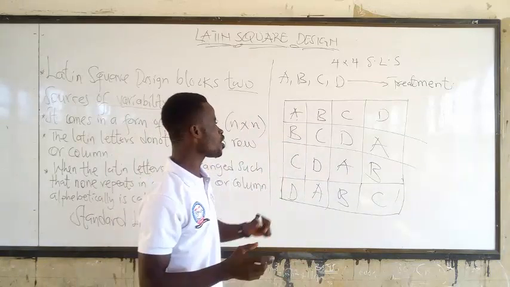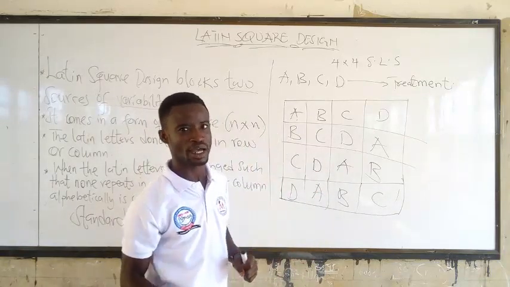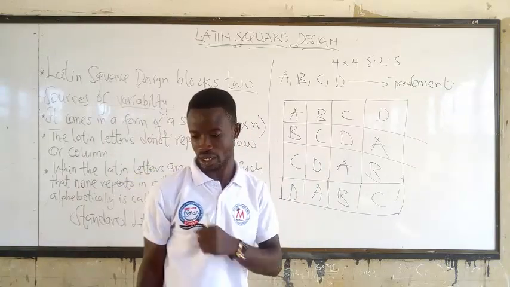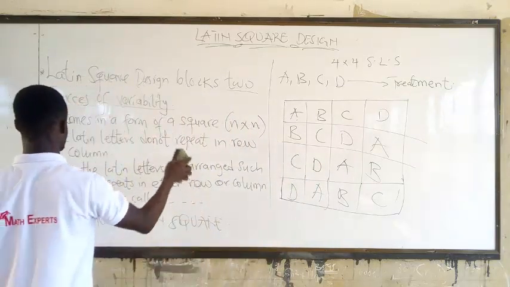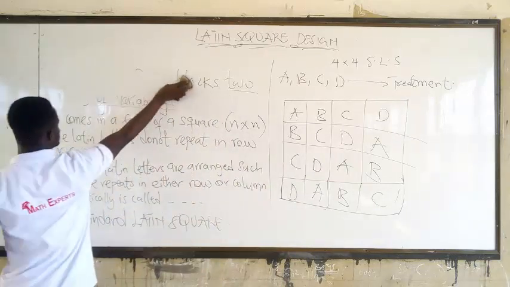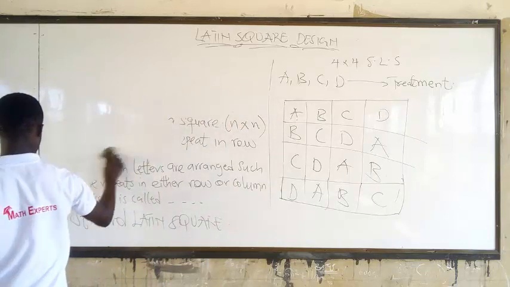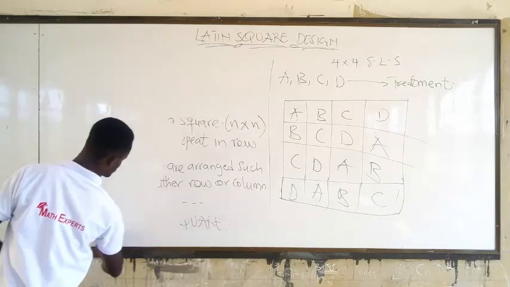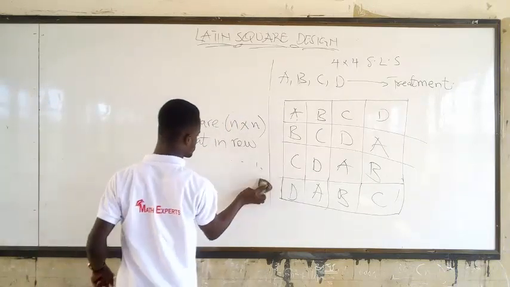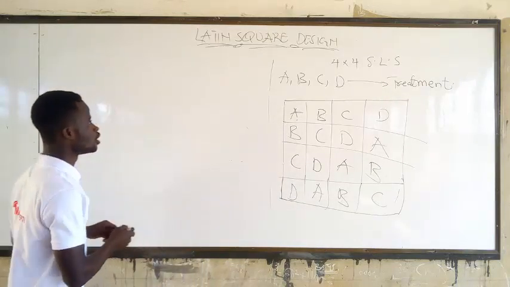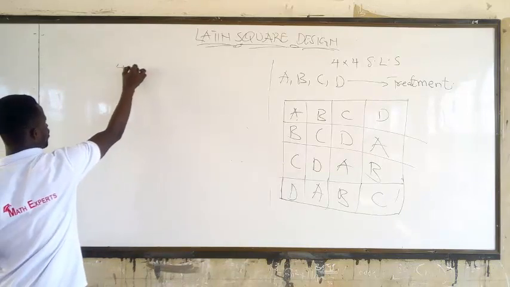That means that we don't want it to be the same, but we want it to be similar, but not the same thing. So let's see how we are going to do that. Alright, so now let's see another 4 by 4.